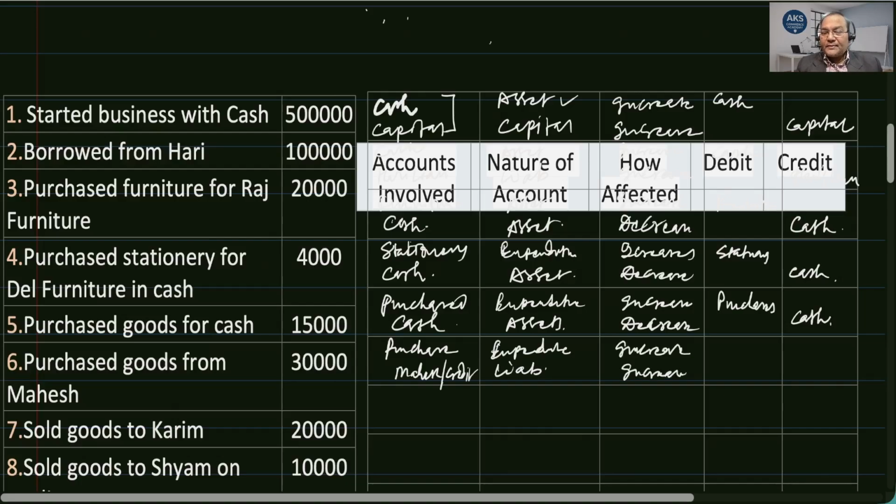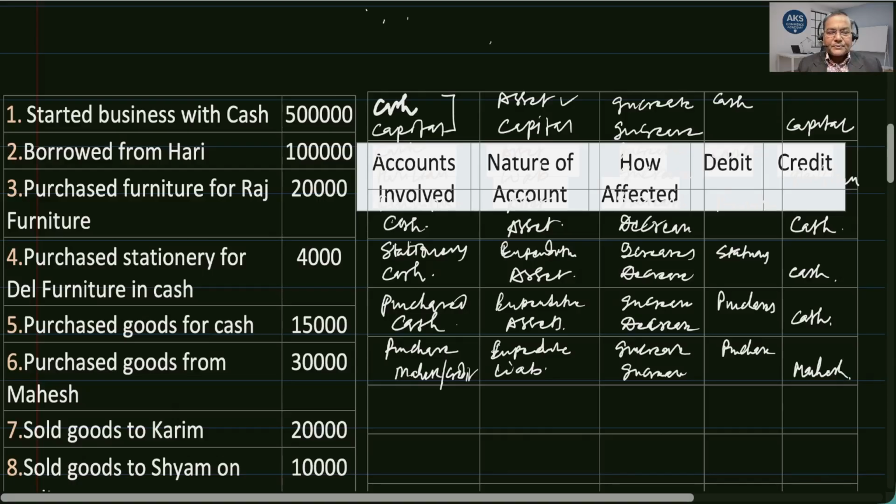In order to increase the expenditure, we need to debit it. So we will write here purchases and we will credit because we need to increase liability as well at the same time, because it is bought on credit. When name alone is given, it means it is bought on credit. Otherwise, there would have been mention of cash. So we will mention here Mahesh. I hope this is clear.